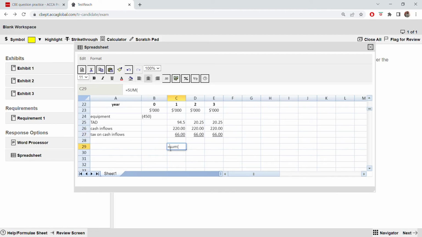You have to press equal, otherwise it will not perform the sum function for you. 380.5. Somewhere something is not correct, because 66 has to be deducted, tax on cash inflow. Or otherwise, what you can do is just copy paste this here.